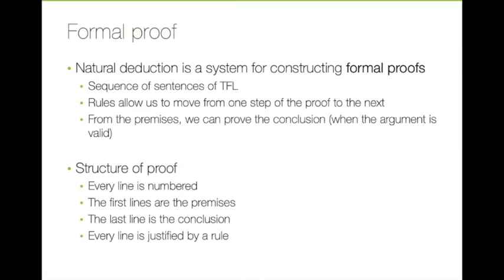And the last line should be the conclusion. Then, for each line, in addition to being numbered, so we can distinguish each step, each line is also justified by some rule that tells us how we got to add that line to the proof.